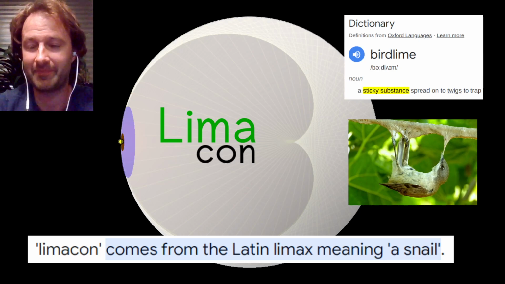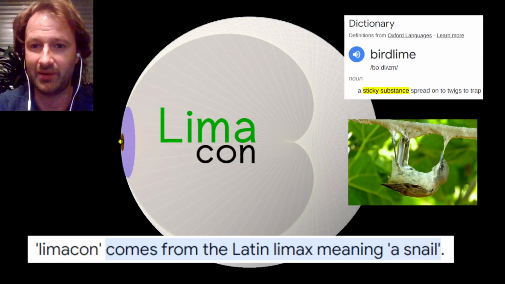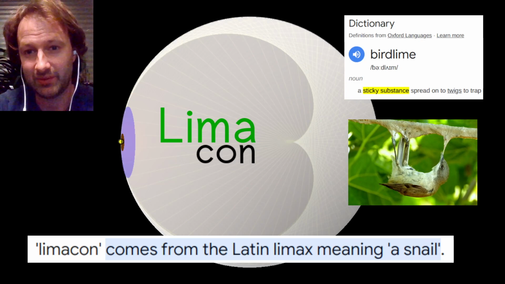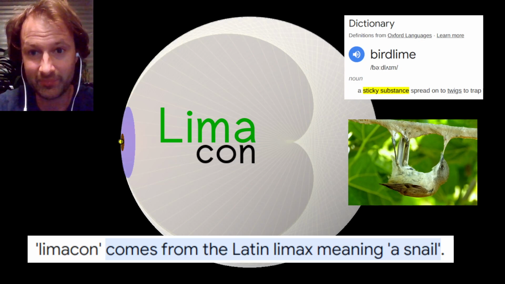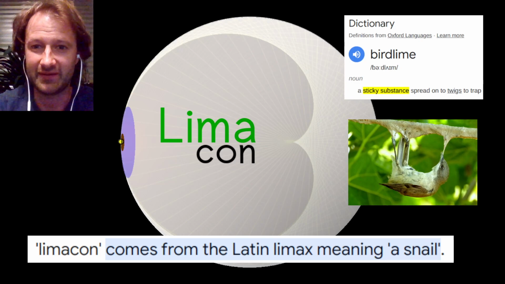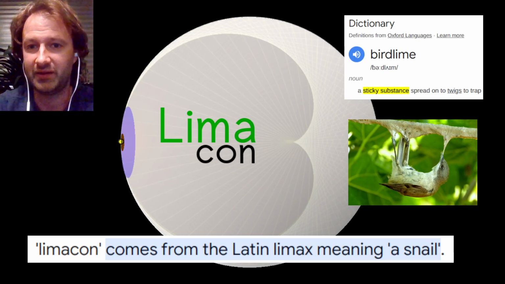Okay, slime. Again, we get to the bird lime. The etymology of the word lime is lim. Lim again means sticky substance, and it's a trap, you could say, just like the eye is a trap for the light.